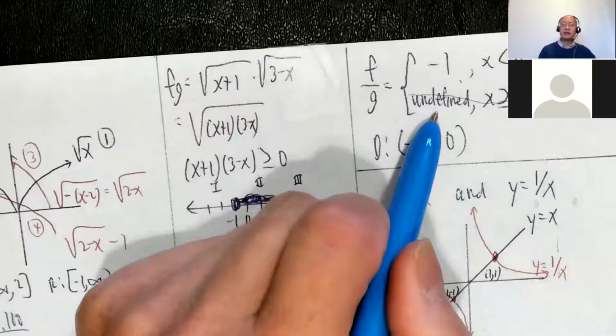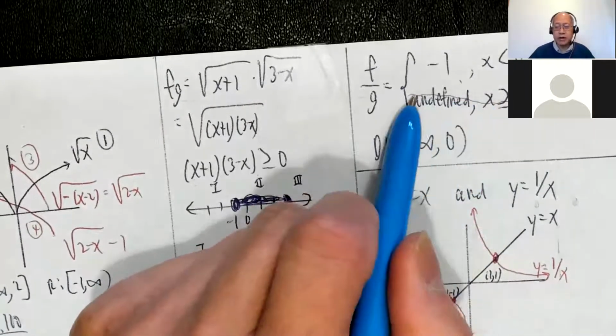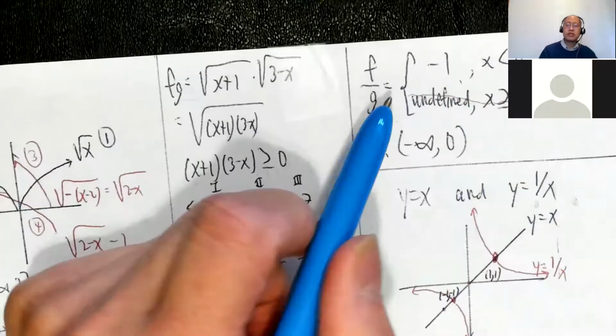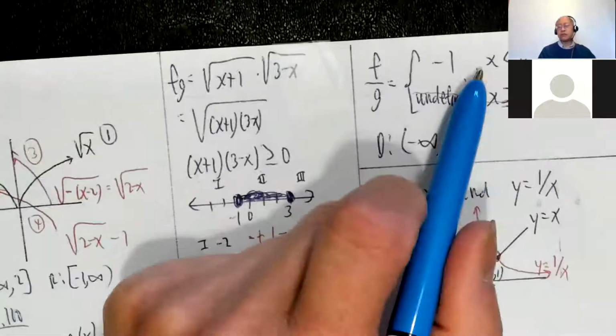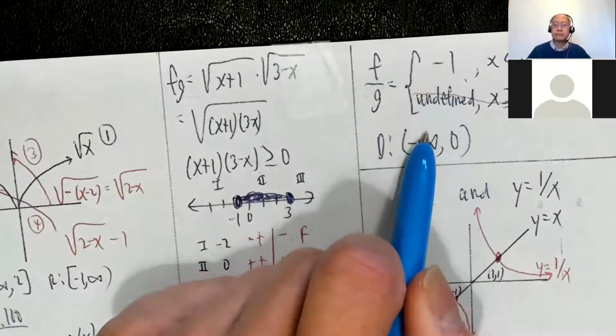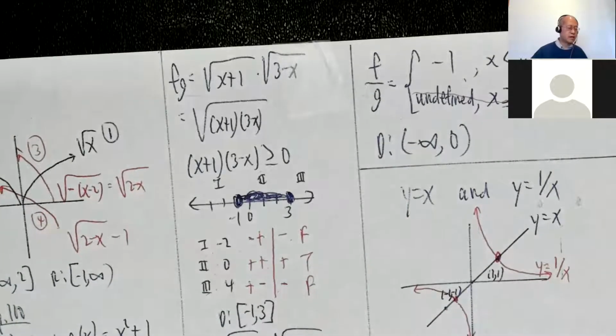Can't do it. Undefined. Which means in reality, I cross it out. So this function is only defined from -infinity to 0, which is another way of saying negative numbers. Only negative numbers are allowed. Okay. So that is that.